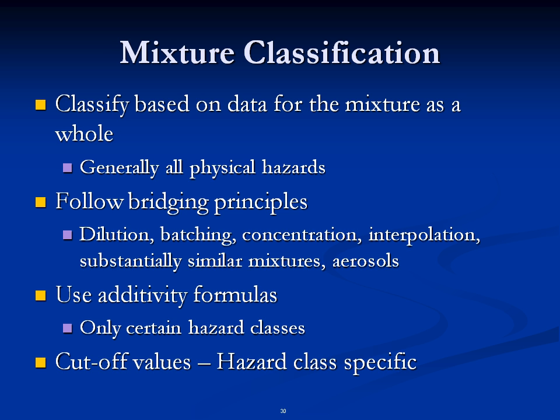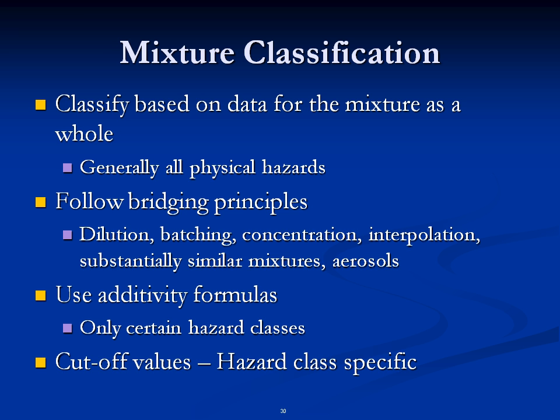If your product has corrosive constituents, you may or may not need to test; from a metal corrosion perspective, you probably will need to do a test to determine if your mixture is corrosive to metals.